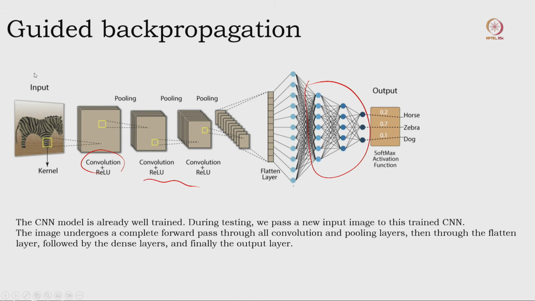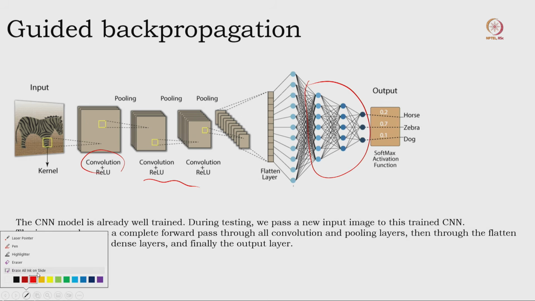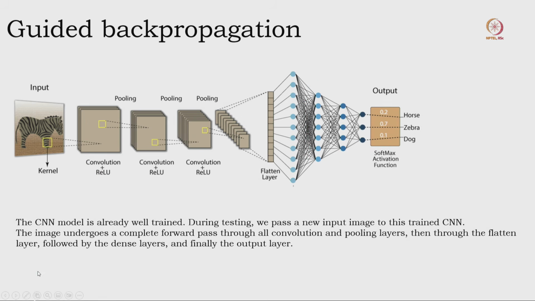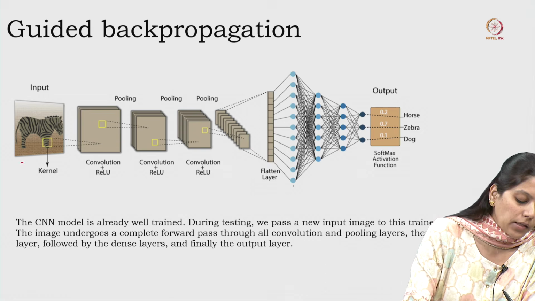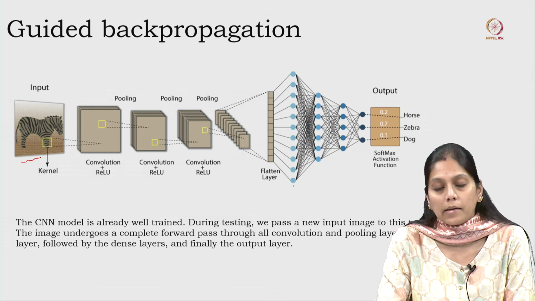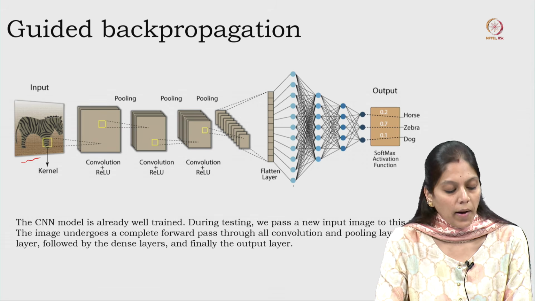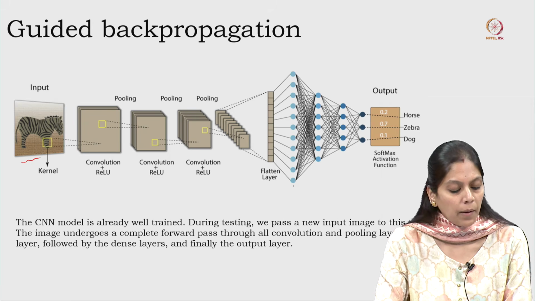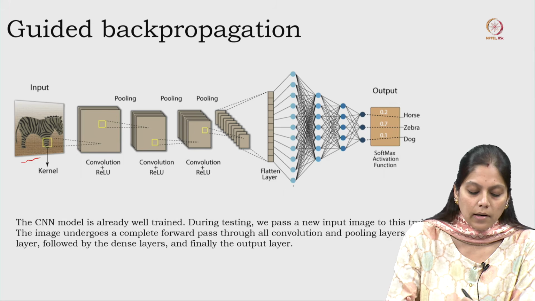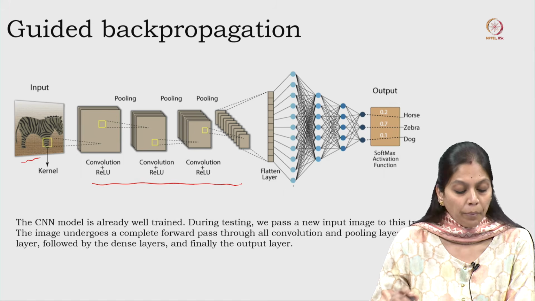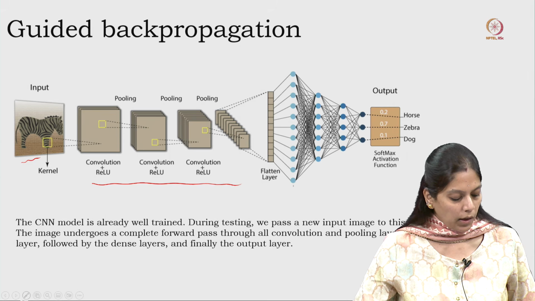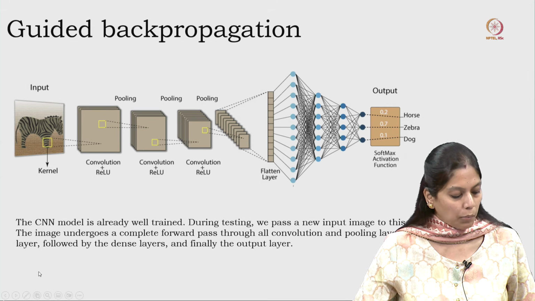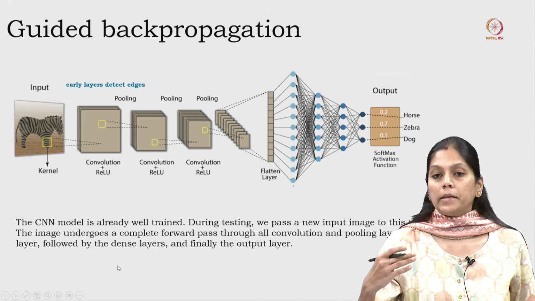Now, once the model is well trained, what are we going to do? During testing, we are going to pass an input image. Let us assume this is the input image passed during the testing phase. When an image is passed to the trained CNN model, it will go through the entire architecture.